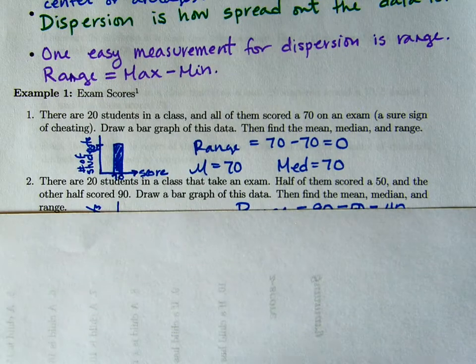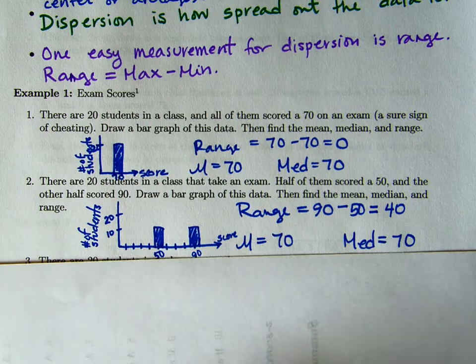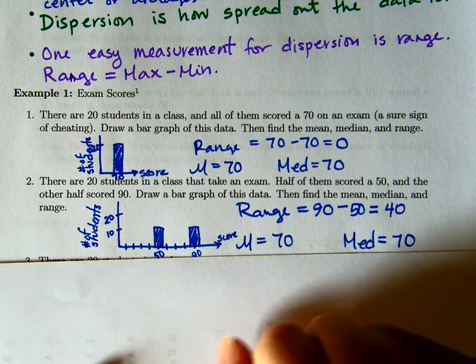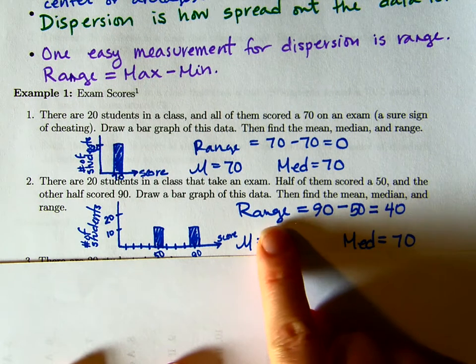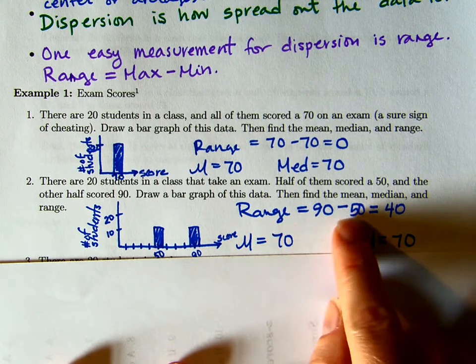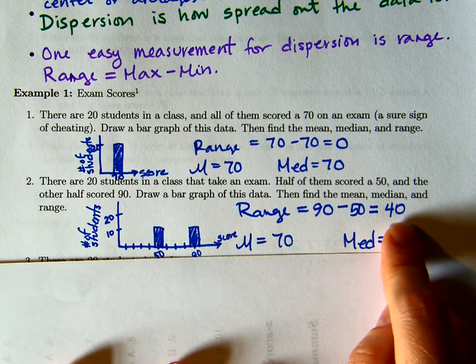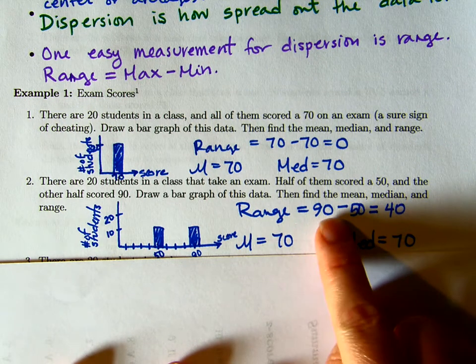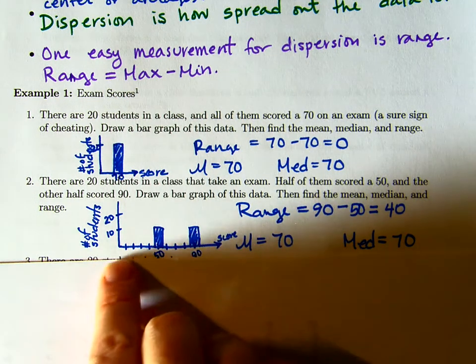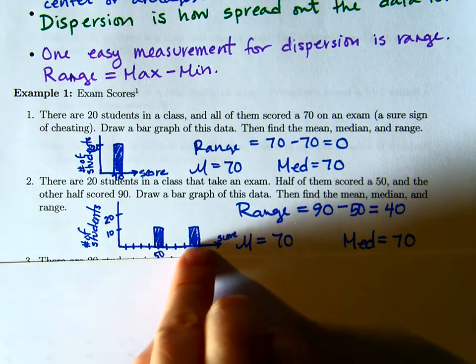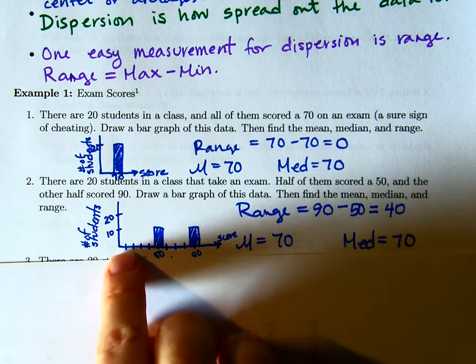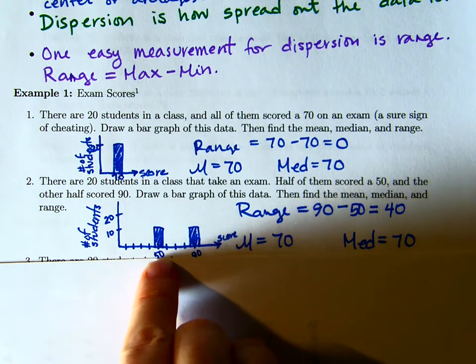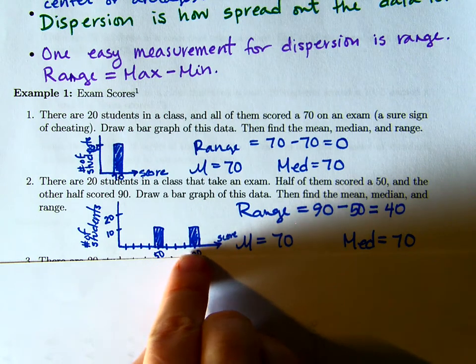So the mean and the median were both 70, but here's where things get a little bit different. The range, the difference between the highest and the lowest, was a point spread of 40 points. That's a lot. That is a really big difference between the high score and the low score. And I went ahead and along the horizontal for my histogram, I put the scores and I went 10, 20, 30, 40, 50, 60, 70, 80, 90.